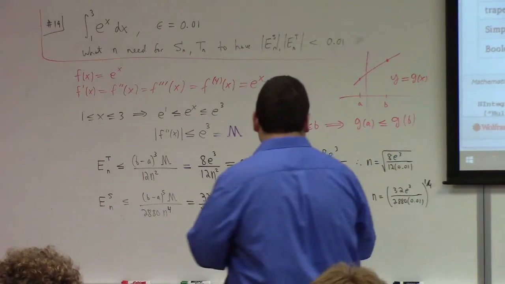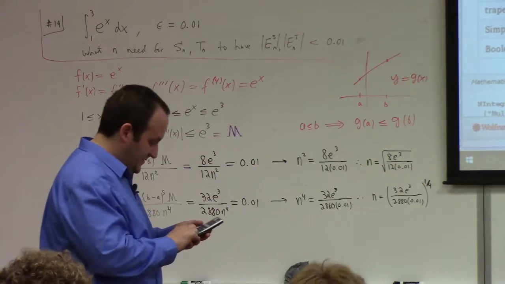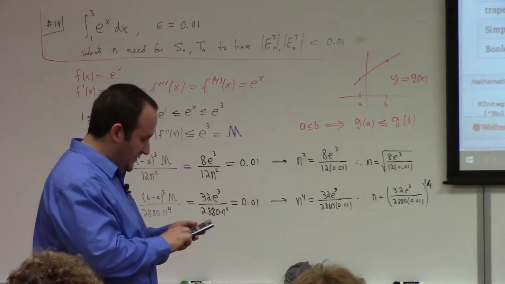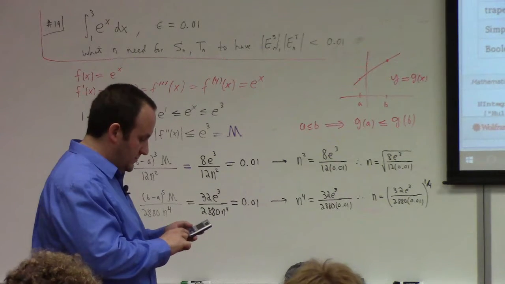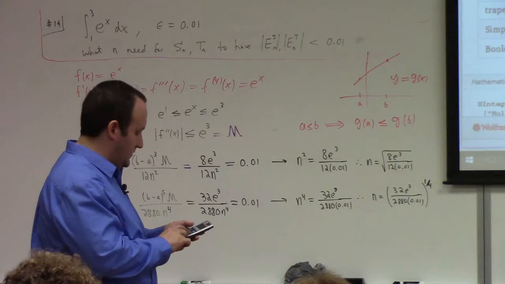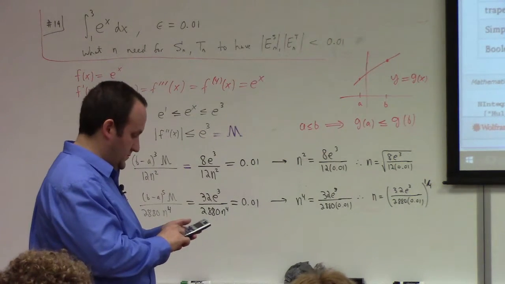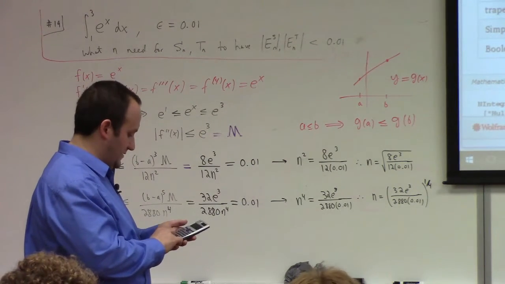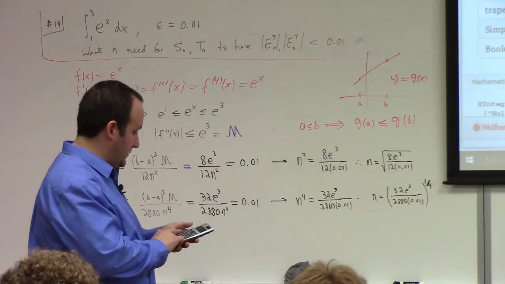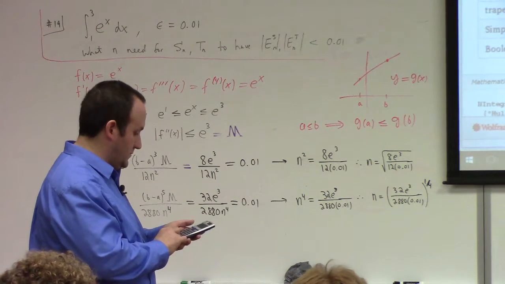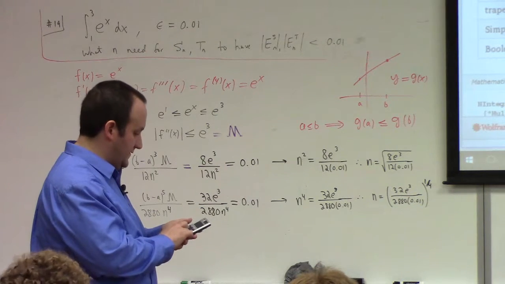Let's see here. That was not the answer I was looking for. Not natural log. Stupid calculator. e to the 3 divided by 12 divided by 0.01, square root.